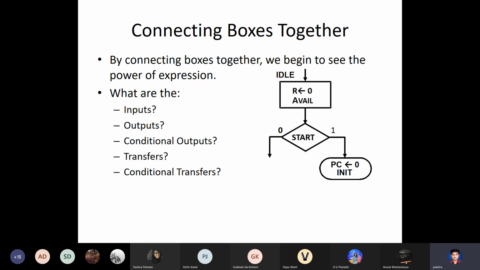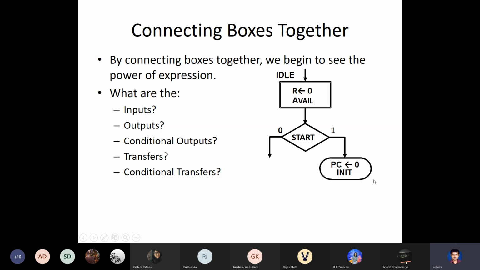So what happens in the decision box? Start is an input variable. Initially it was in idle state. Then it checks the input variable start. If the value is 1, then it gives this output and maybe afterwards moves to another state. Note that the oval does not contain a state.